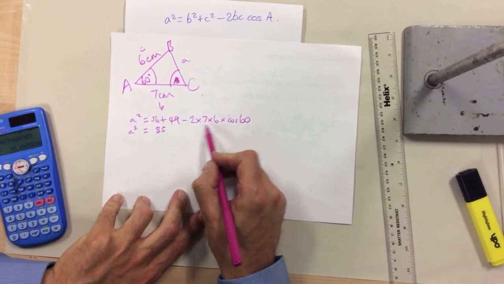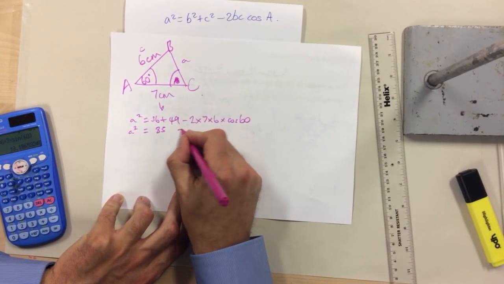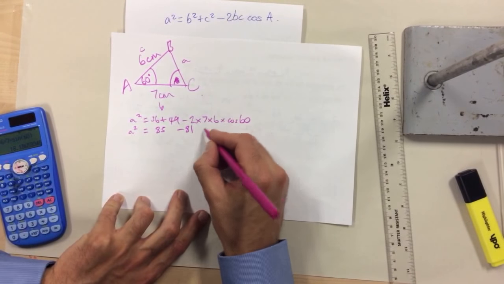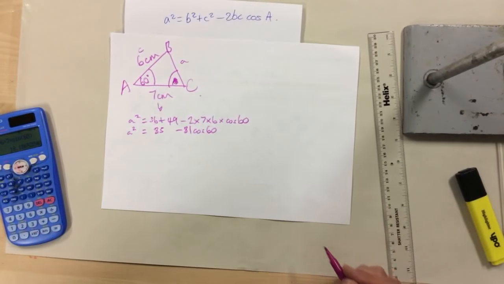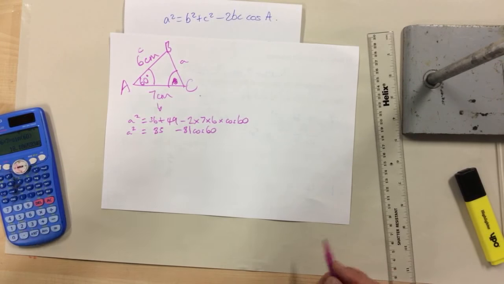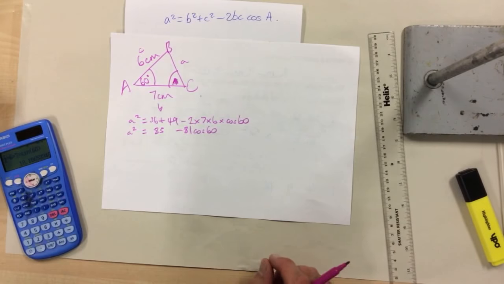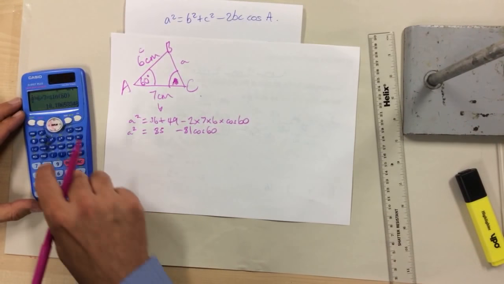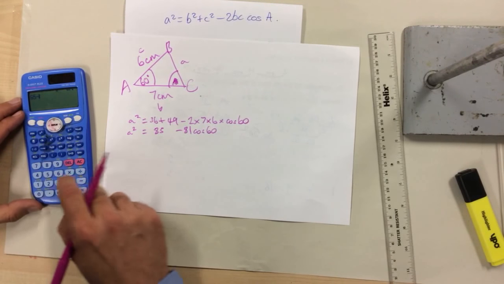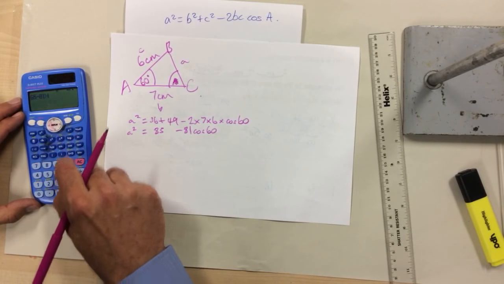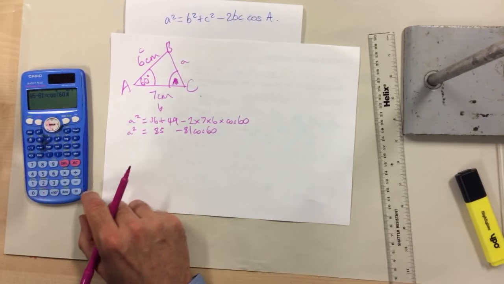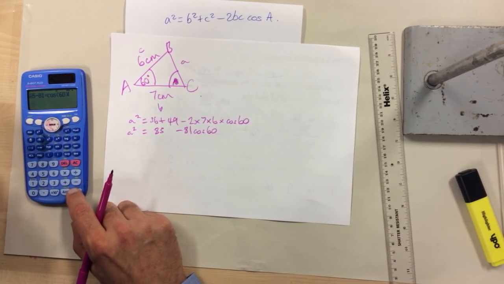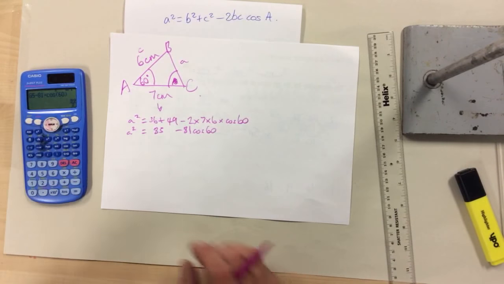And then over here, I've got 42 times 2, which is 84, and that's 84 cos 60. So at this point, I'm going to type that in: 85 minus 84 times cos, open bracket, 60, close bracket. That gives me 43.